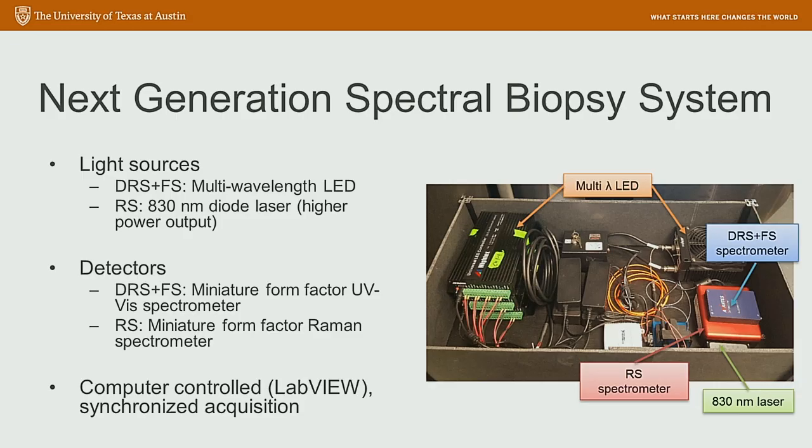The detectors that we're intending to use for this new system are small form factor spectrometers, both for diffuse reflectance and fluorescence, as well as a small form factor spectrometer for Raman collection. So you can see all these different components labeled here in the box. And all of the components will be computer controlled in LabVIEW with a synchronized acquisition and data collection.